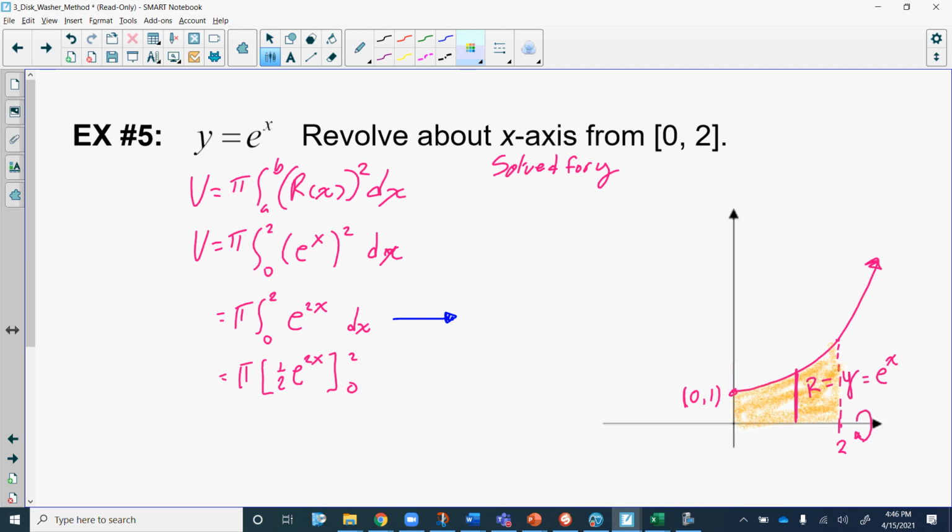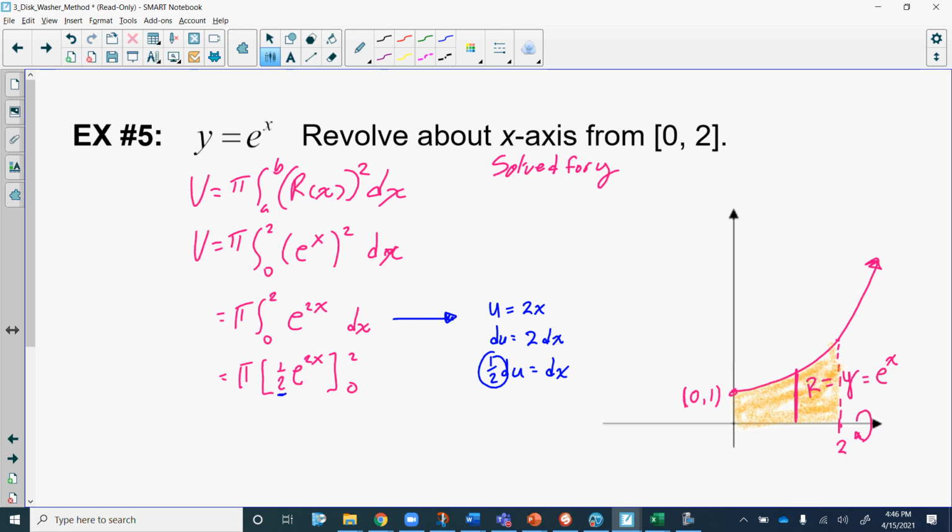Essentially, we're looking at u to be 2x. So when I say du in this case, I get 2 dx, which doesn't match the 1 dx that's left. So we get a constant 1 half du to be equal to 1 dx. And that's where that 1 half is coming from for the constant.